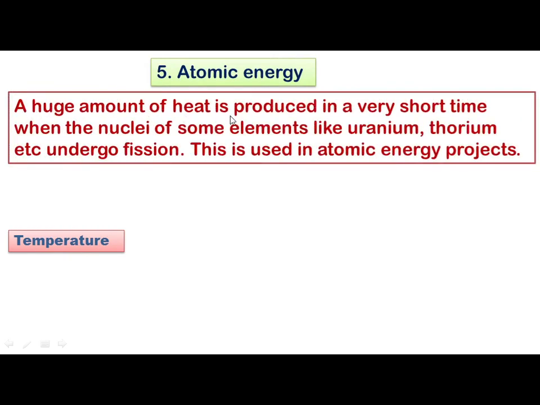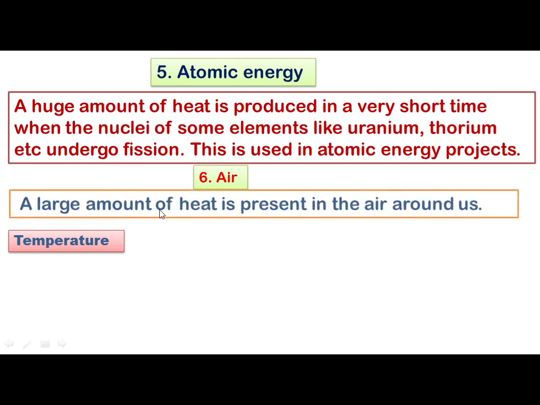A huge amount of heat is produced in a very short time when the nuclei of some elements like uranium, thorium, etc. undergo fission. This is used in atomic energy projects. 6th, air. A large amount of heat is present in the air around us.